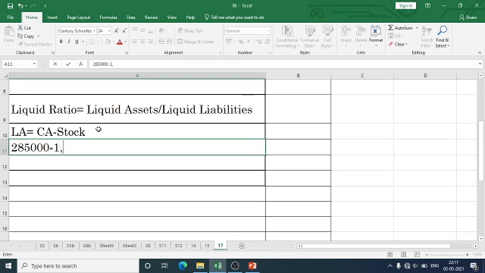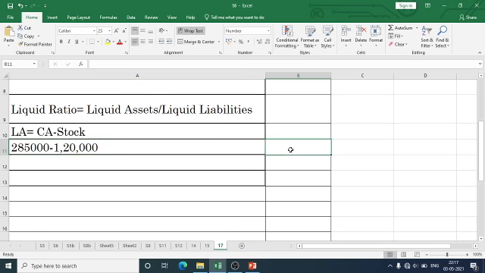So if you subtract 1,20,000, it will give you 1,65,000.